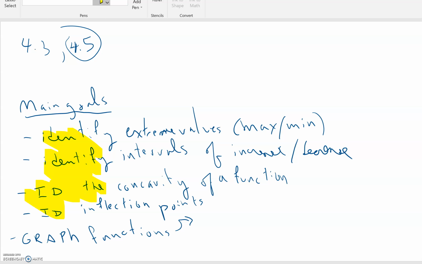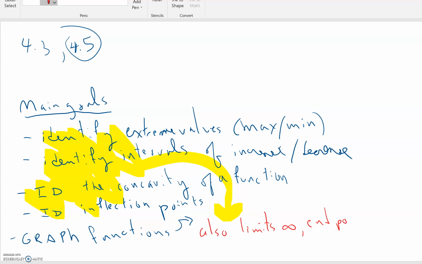All of this stuff is involved in graphing functions, but also things like limits at infinity, endpoint behavior, what happens when you have a hole in the domain, asymptotes, all the other weird things that may occur. So this can get to be a pretty complicated task, graphing a function if it's a complicated function. We're not going to spend too much time on this, but this is kind of where we're going, all right?